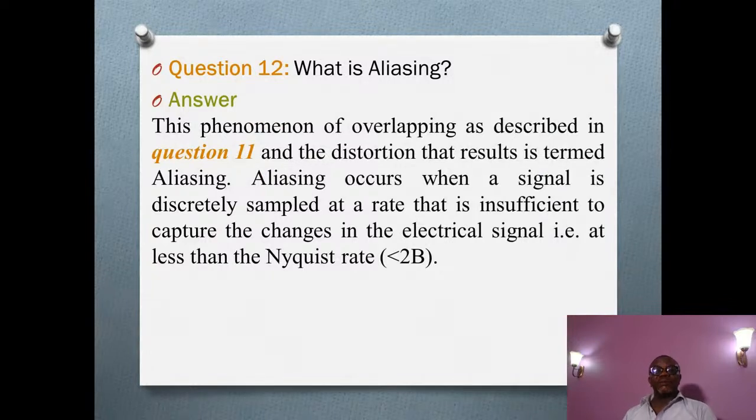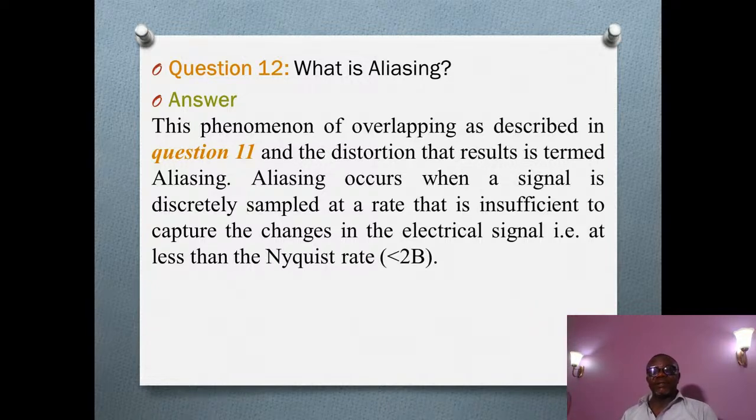Now, that overlapping has a name called aliasing. So, what is aliasing? This is the phenomenon of overlapping as described in question 11. That is, when the two signals overlap, we call it aliasing. It has an effect which, if we have time, we will explain.